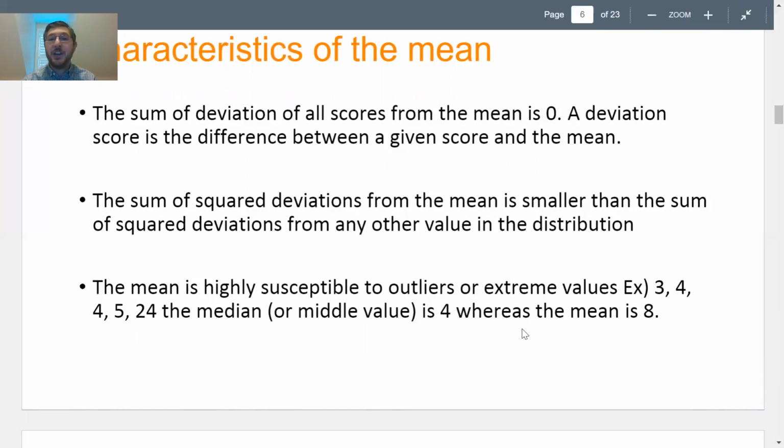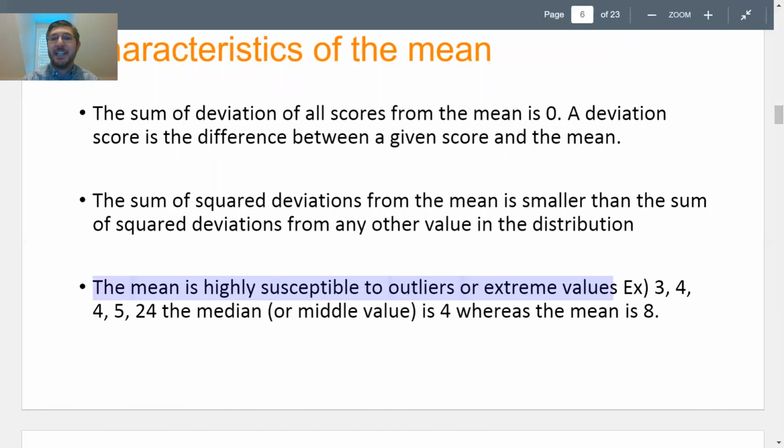One thing that's very important to note is the mean is highly susceptible to outliers or extreme values. So the mean's probably not a good measure of central tendency when we have a skewed distribution, for instance, because the mean is going to be pulled in the direction of the skew, or that extreme outlier or extreme value is going to pull the average of the distribution towards that outlier.